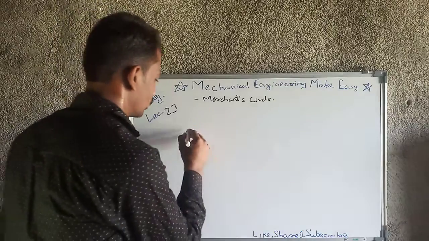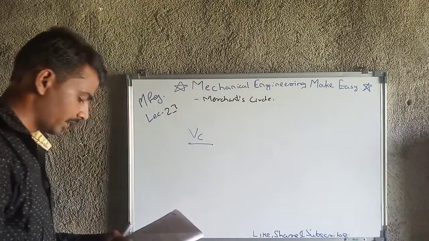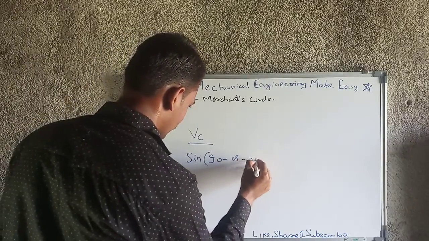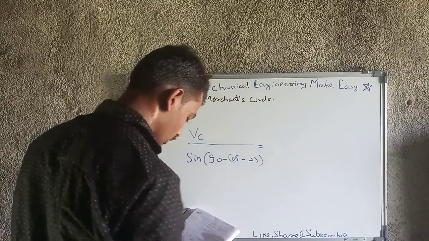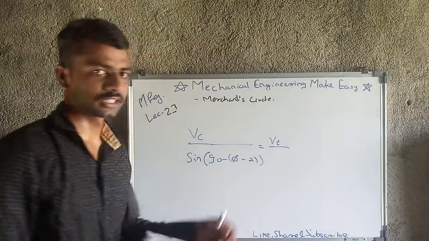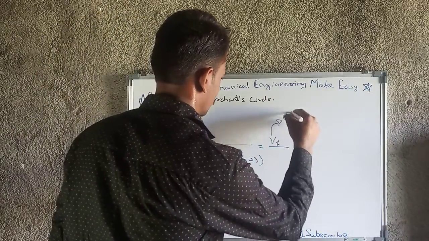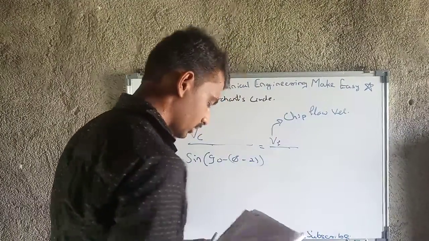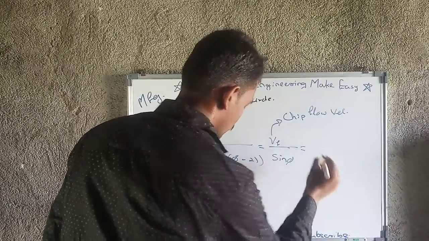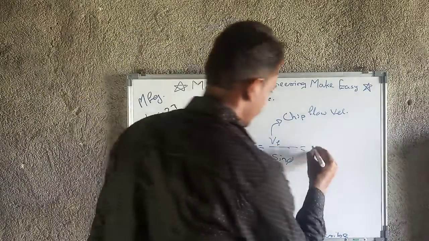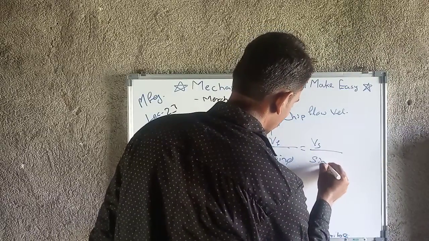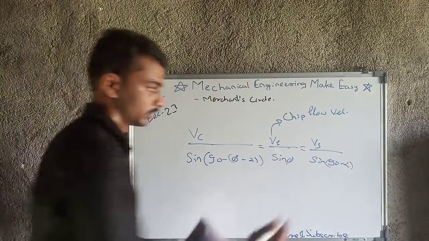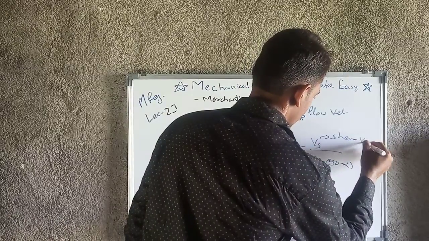velocity, and shear velocity. Cutting velocity is denoted by Vc, and Vc upon sin(90 minus phi minus alpha) is equal to Vf, which is nothing but chip flow velocity, Vf upon sin phi, and which is equal to Vs upon sin(90 minus alpha), and this Vs is nothing but our shear velocity.